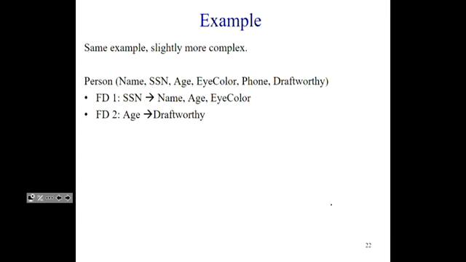Okay? All right, so here's a slightly more complicated example. I have two functional dependencies. SSN implies name, age, eye color, and another functional dependency which is age implies draft worthy. Okay? So firstly, is the relation in Boyce-Codd normal form? No, why is that?